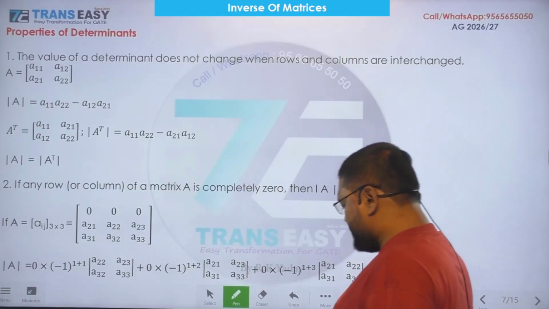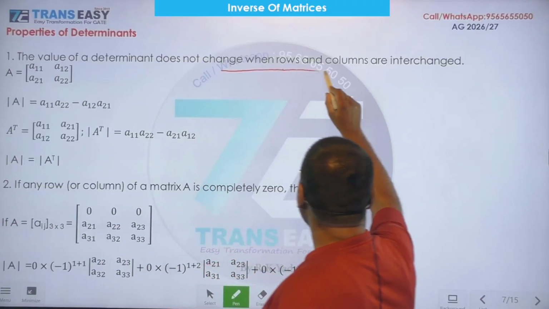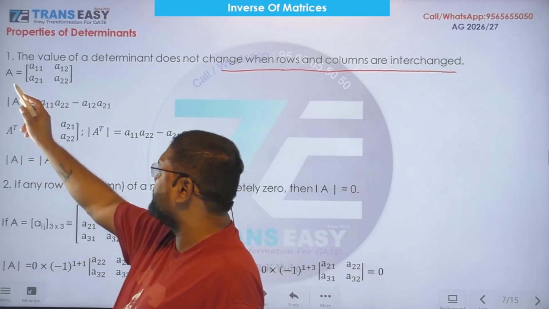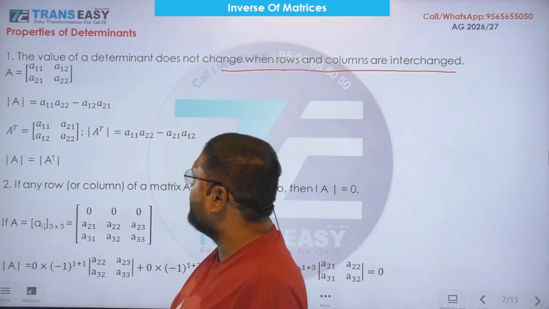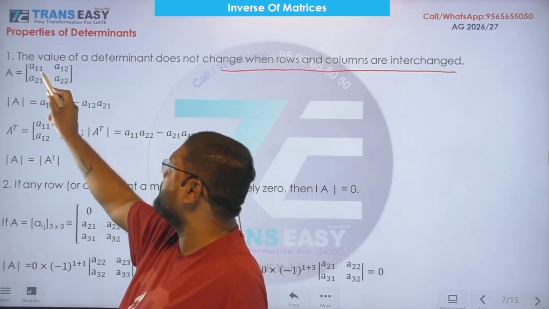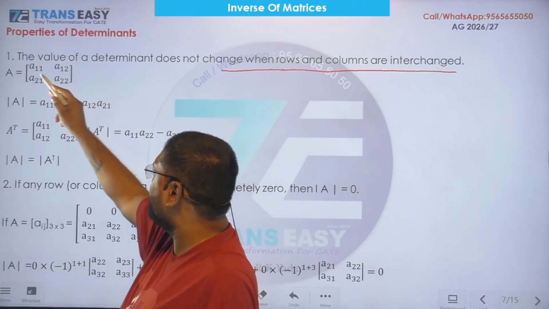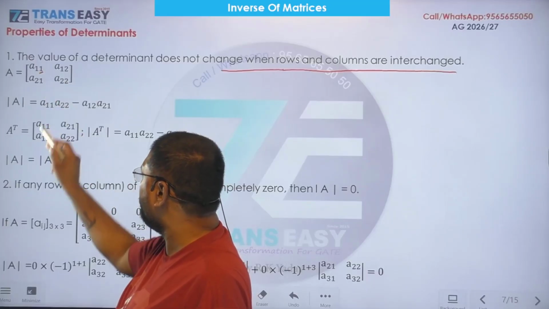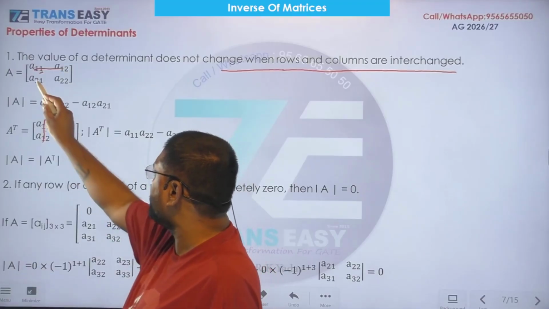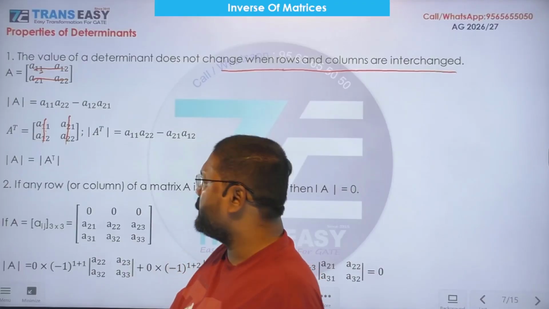Properties of determinants। The value of determinant does not change when the rows and columns are interchanged, right? This is matrix A and its transpose matrix is obtained by interchanging row into column। First row becomes first column, second row becomes second column। This is called transpose of A, right?